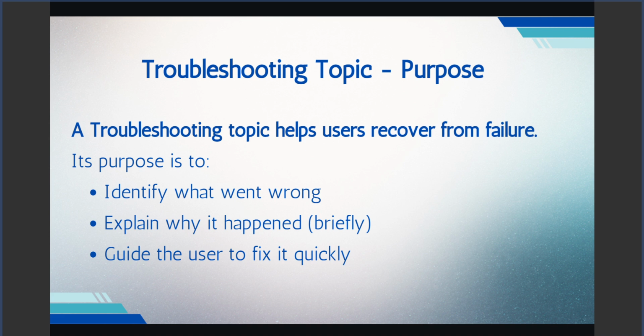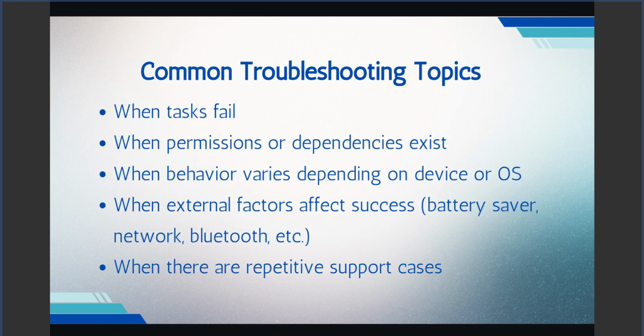He's probably not able to get the latest notifications or updates. That's just a symptom. The main problem is something else happening at the back end. Maybe the notifications are not on, or the permissions are not given. That is the real problem, and then comes the solution. So these are the three parts of a usual troubleshooting topic.